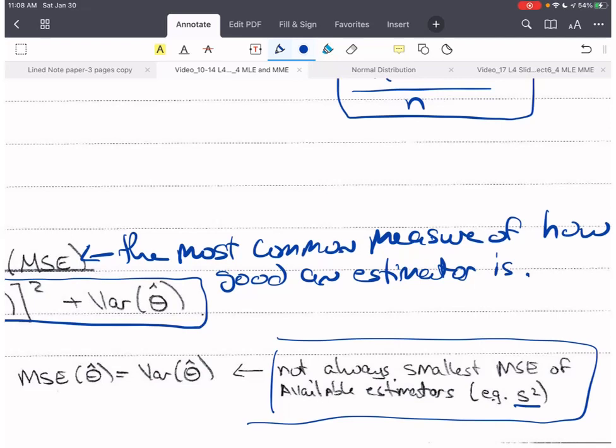We can find unbiased estimators, but they're really not great to work with. They're pretty complex and hard to use. And if you think about how complex S squared already is, imagine something worse. So we use the MSE to determine how good the estimator is. Don't just assume because it's unbiased that it's a better estimator than a biased estimator. You need to calculate the MSE to do that.